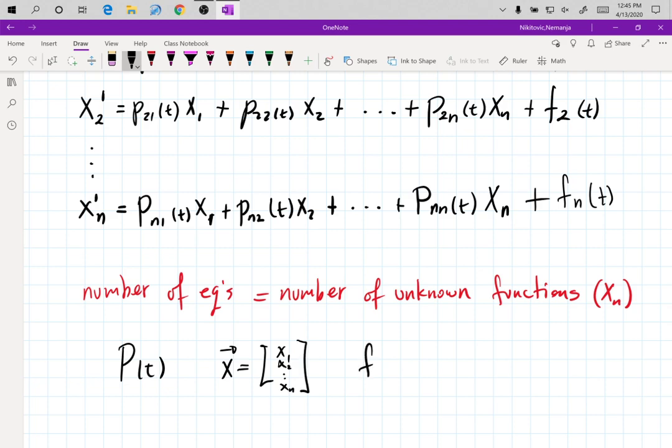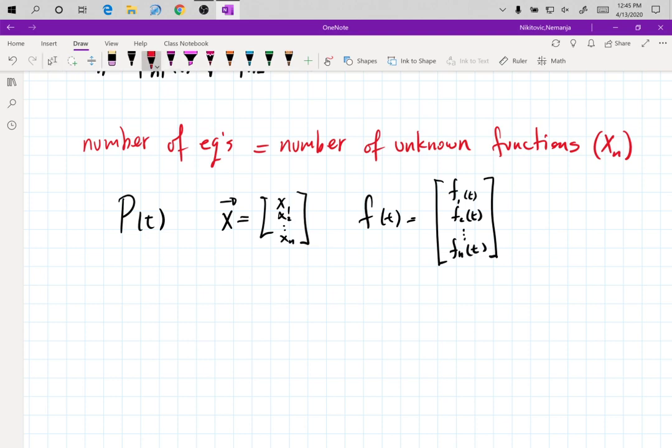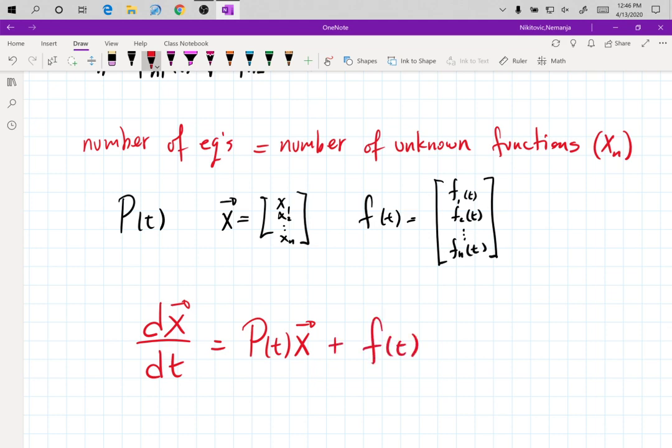And you also create f of t, which is the driving term: f1 of t, f2 of t, fn of t. And now, finally, we get to write dx over dt is equal to P of t x plus f of t.